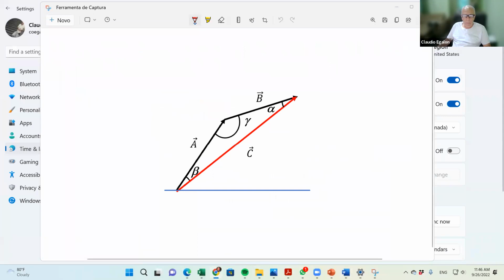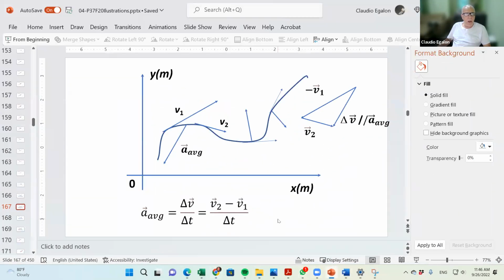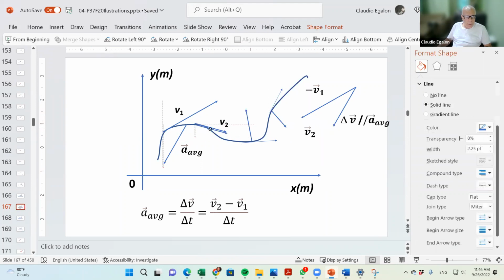Let's see if it's parallel or not. Here you go, here's V2. I'm going to transport. This one is minus V1, right? Yeah, it is minus V1.